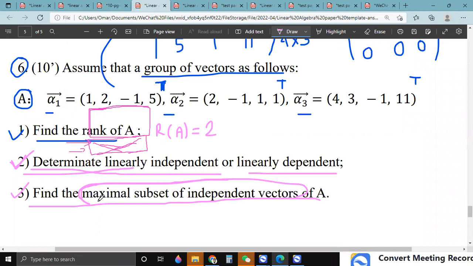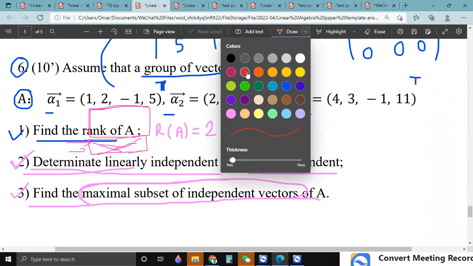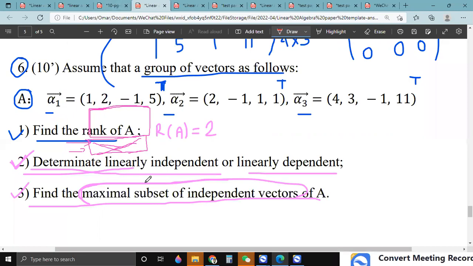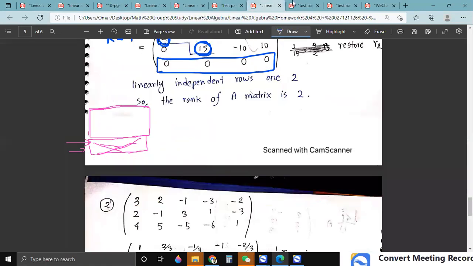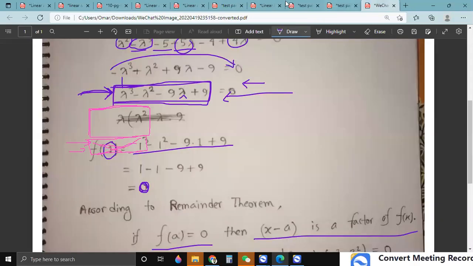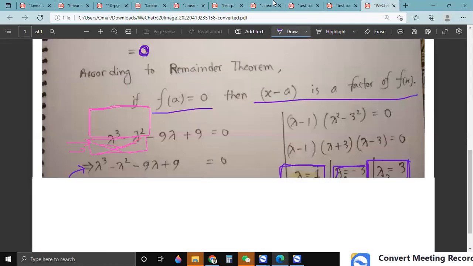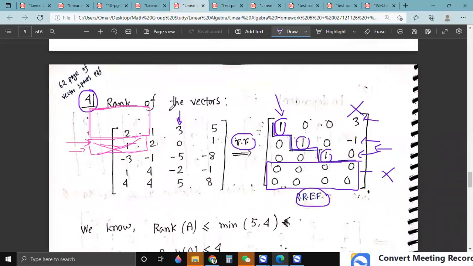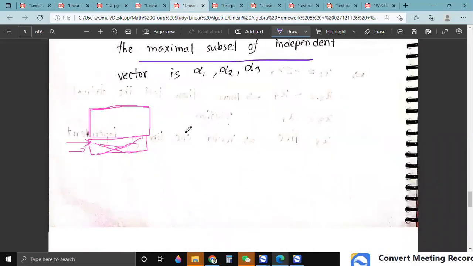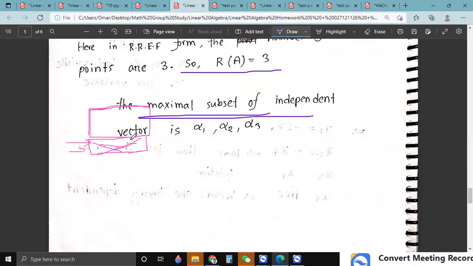For this reason, the maximal subset of independent vectors is alpha 1, alpha 2, and alpha 3, as I explained in homework 4 maybe. You see here, the maximal subset of independent vectors is alpha 1, alpha 2, and alpha 3, because they didn't have rows with all entries 0.